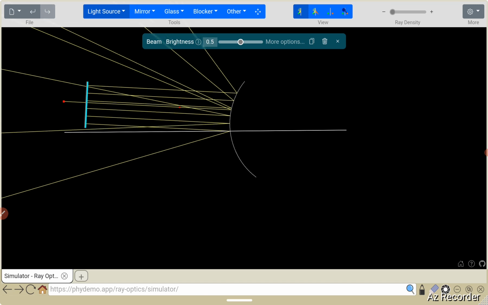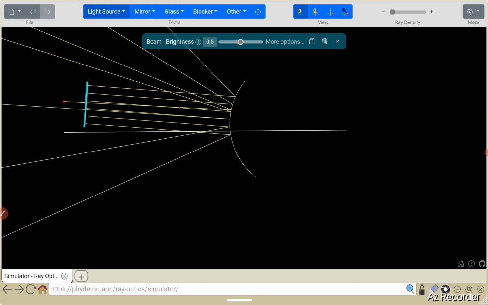Okay. Now if you join everything, they have to meet at one point. Take the reflected rays. Now here itself, let me show you the center also, because we have one light ray which is retracing its own path.